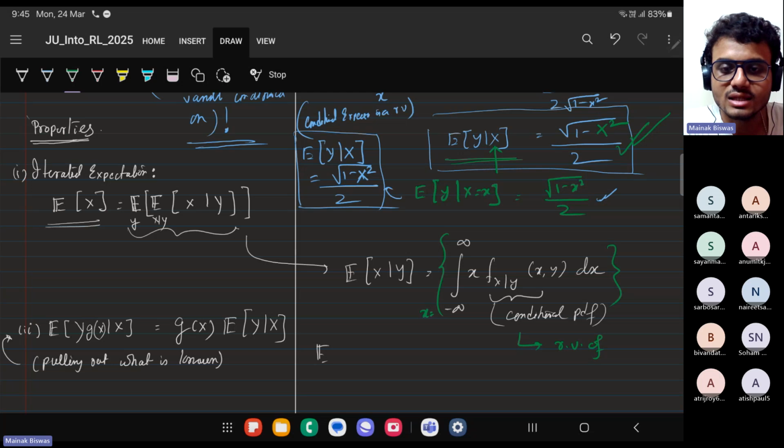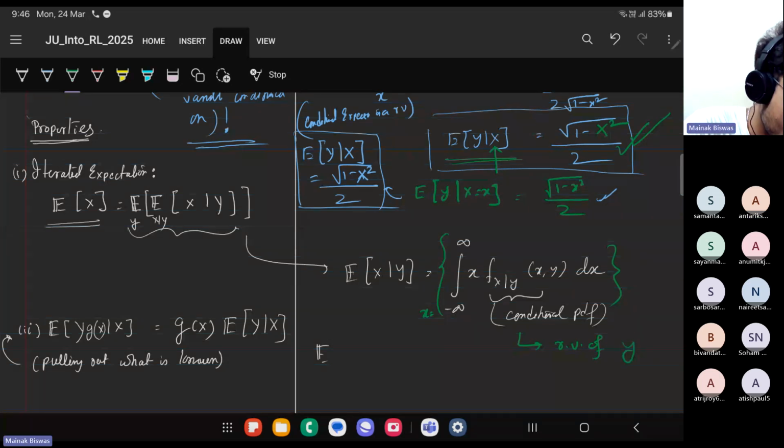So we are pulling out x, integrate. Yeah, tell me. I couldn't hear you, Antariksh. It's a function of y, right? Yeah, it's a random variable of y. The random variable as a function of y.